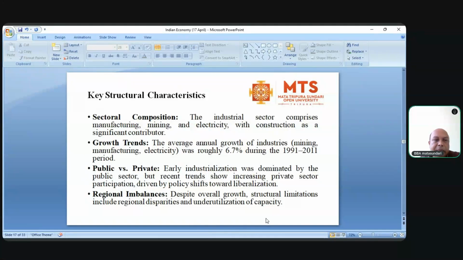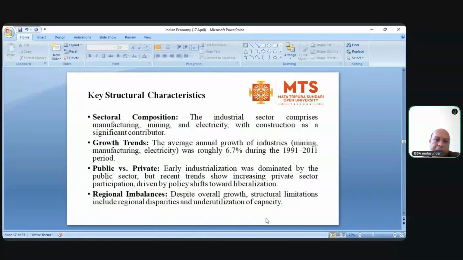And at the same time, we can identify regional imbalance in industrial growth. In India, some areas are more developed in industries, and in some areas there is a lack of industries. We cannot find heavy industries. So an industrial gap also exists in various regions or places in India.